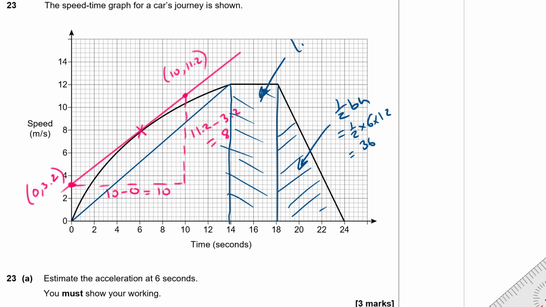It's going to have an area of 14 to 18 is 4 times a height of 12. 4 12s are 48. And then this bit here is a triangle, so again half base times height, which is a half of 12 times 14. Half of 12 is 6. 6 14s, what's that, 84?